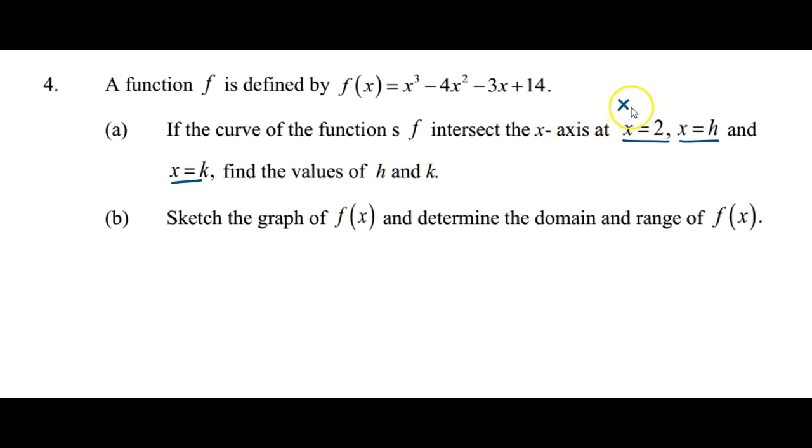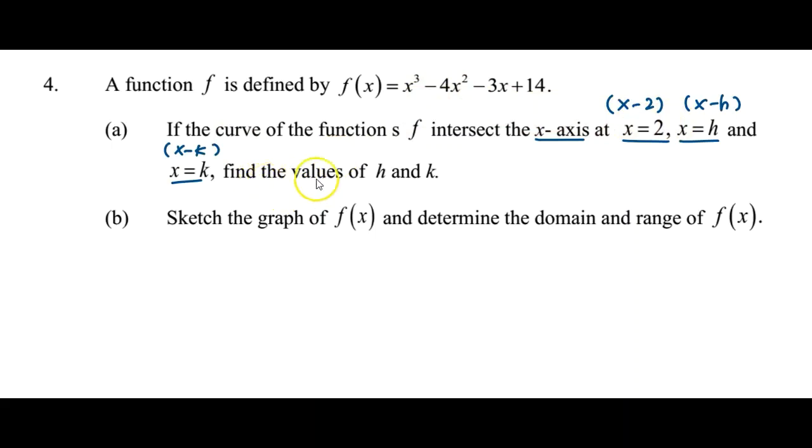Meaning that if this f intersects the x-axis, these are all roots of the equation. So we can say the factors are (x minus 2), (x minus h), and (x minus k). Those three linear factors will be the factors of f(x).